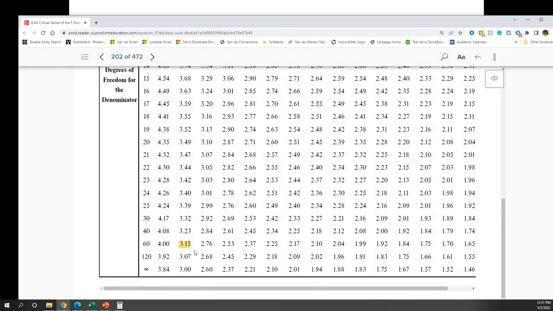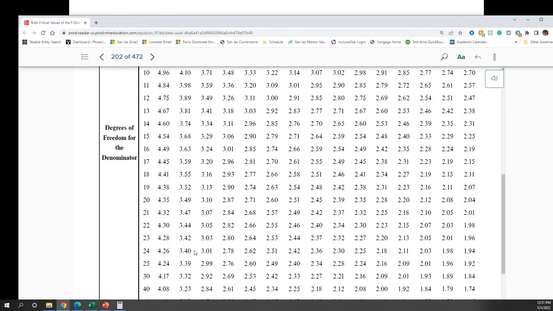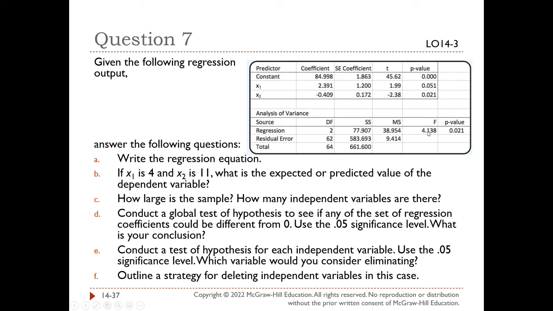So it ends up being 3.15. We already know that F is 4.138, which is greater than 3.15, so our conclusion is to reject the null. Not all regression coefficients are equal to 0.